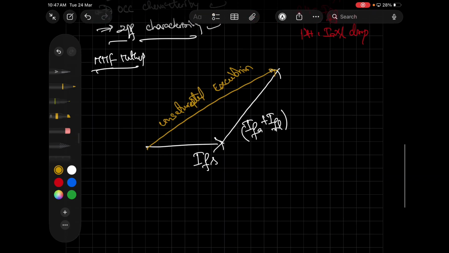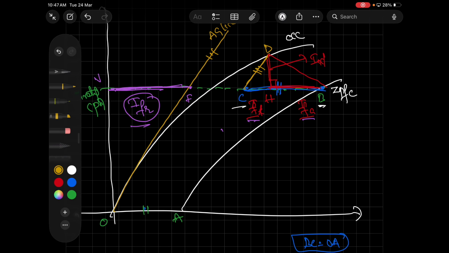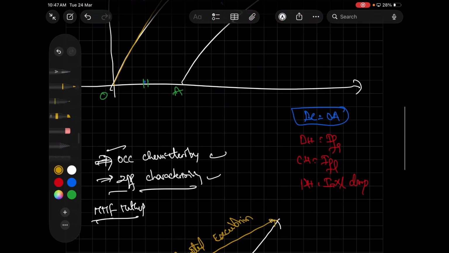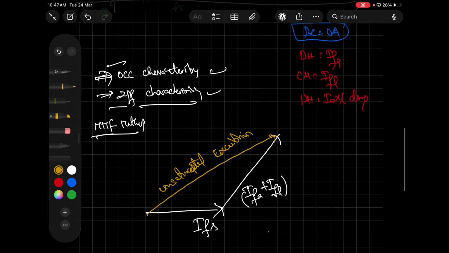So what is the phasor sum of these two? IFR. How am I finding IFR here? Whatever the dotted phase voltage is there, I am measuring the IFR. The IFR phasor is added with IFA plus IFL. These two combine to the unsaturated excitation. Is this clear?